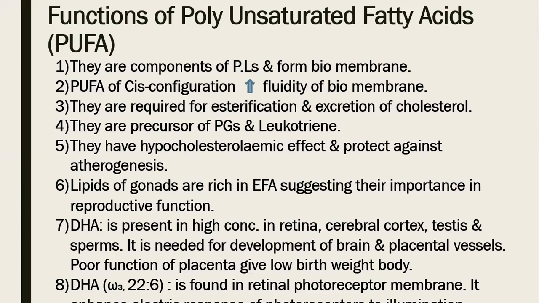For this reason, it is also supplied via milk and via placenta. Deficiency of docosahexaenoic acid results in poor development of placenta, which may give rise to low birth weight babies.